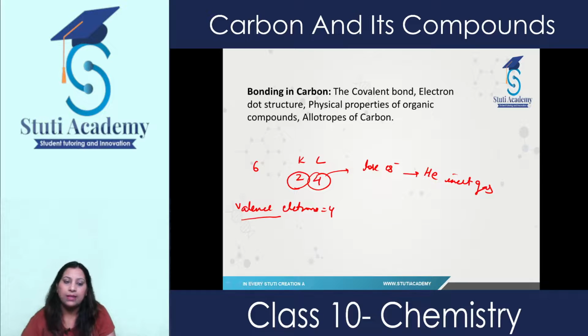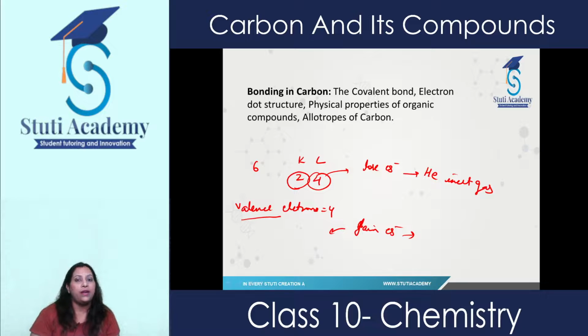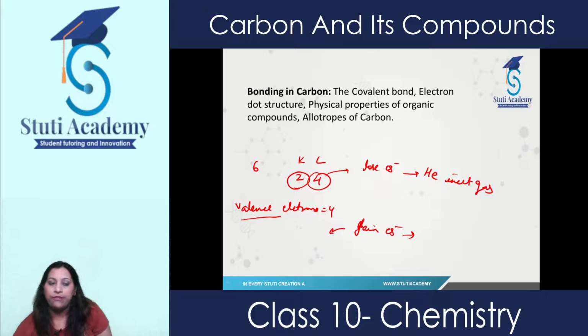Now next is, if it gains 4 electrons, then also it attains inert gas configuration, but still it is not doing it. Why? Let me show you the structure. This is the nucleus of carbon, and electrons are present around it.